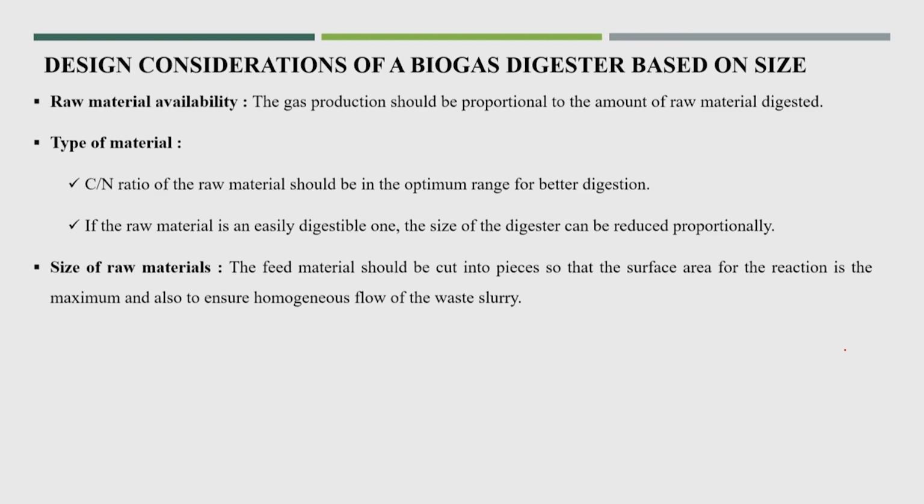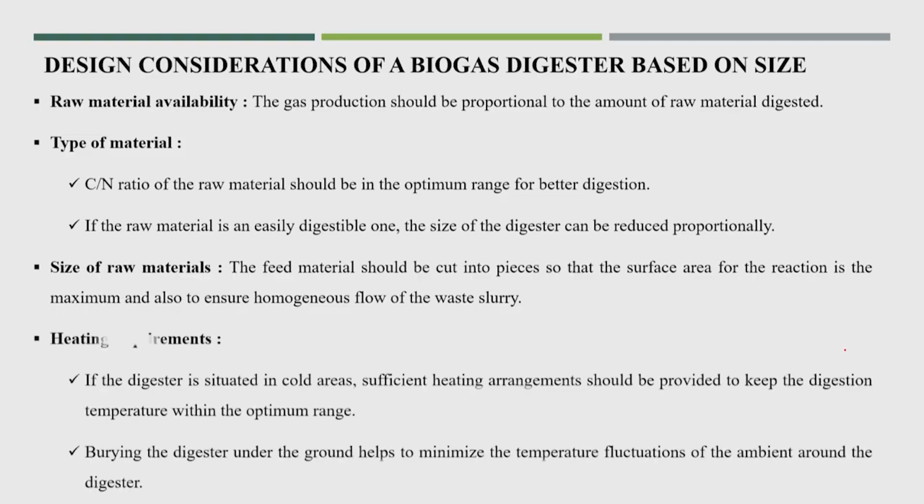Size of raw material: the fed material should be cut into pieces, so that the surface area for the reaction is the maximum, and also to ensure homogeneous flow of the waste slurry. This is also important. And heating requirement. If the digester is situated in cold areas, sufficient heating arrangement should be provided to keep the digestion temperature within the optimum range, and burying the digester under the ground helps to minimize the temperature fluctuations of the ambient around the digester.